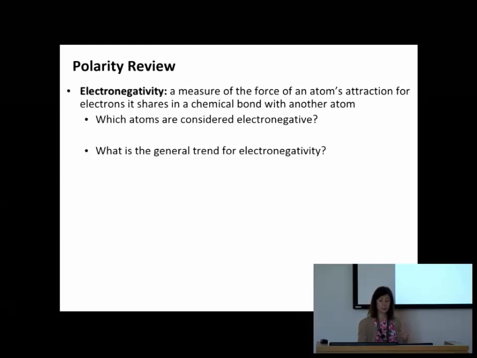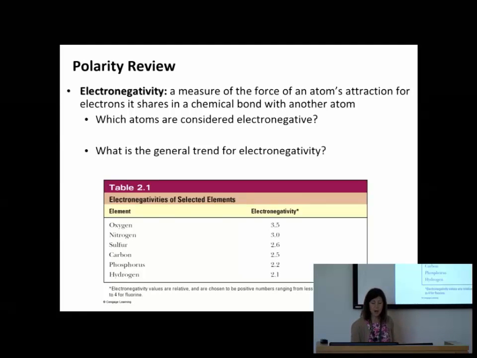Linus Pauling came up with a scale where fluorine has a value of 4. Linus Pauling is one of my favorite scientists. He got wacky when he got old, but he was the only scientist I know that won a Nobel Peace Prize and a Nobel Science Prize. He got a Nobel Science Prize for the structure of proteins and a Peace Prize for working to end above ground nuclear testing.